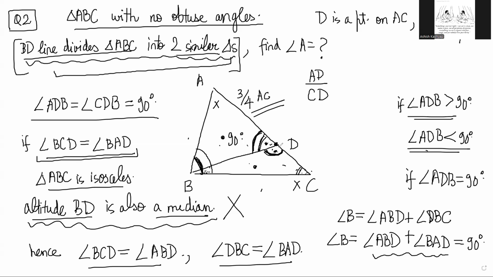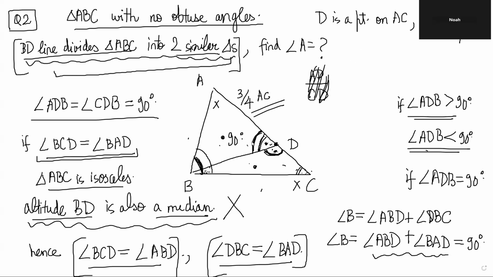One second, maybe I'm making a mistake. Let's think. We have similar triangles, we have these ratios. So let's just write the side ratios now, right, in the two triangles. I'm just going to write side ratios. So let's see what comes from there.